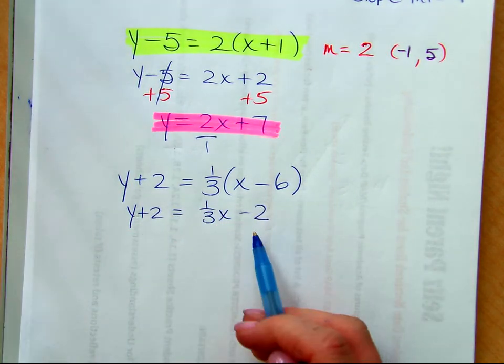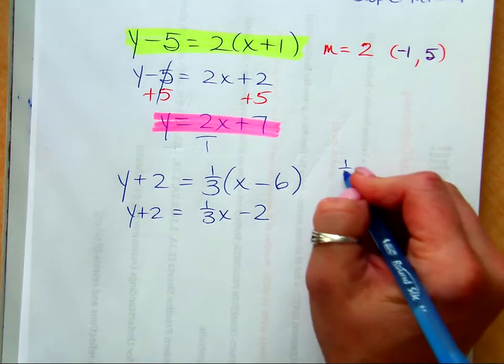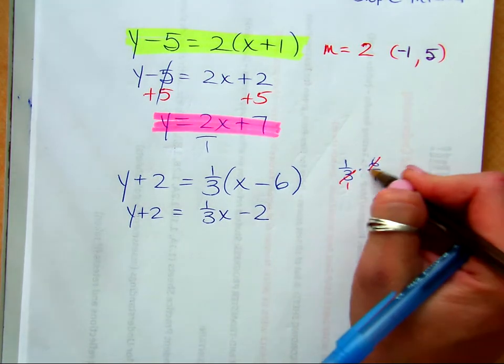Do you have minus 2 there? I hope, because what's a third of 6? If you don't know, then you got to go old school. You got to do some good old cross-canceling.